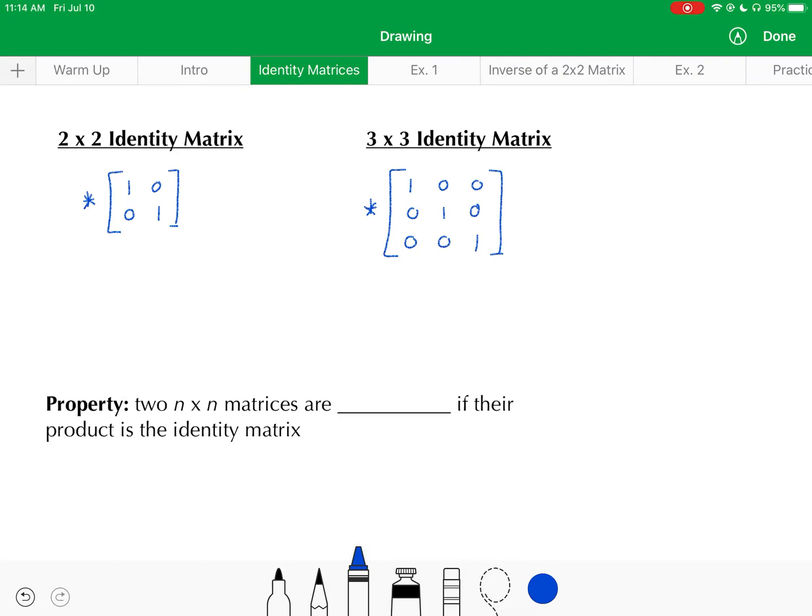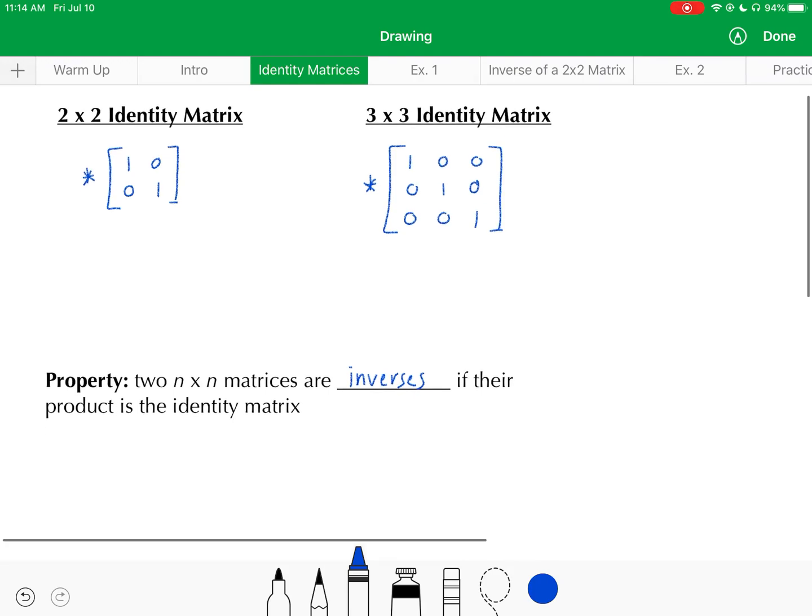Now, when you multiply two matrices together, we can say that they are inverses of one another if their product is the identity matrix. So if I took a 2 by 2 matrix and multiplied it by another 2 by 2 matrix and got the identity matrix, I know that those are inverses of one another. It's the same concept as with multiplicative inverses of real numbers.